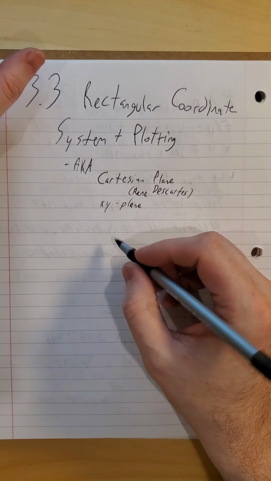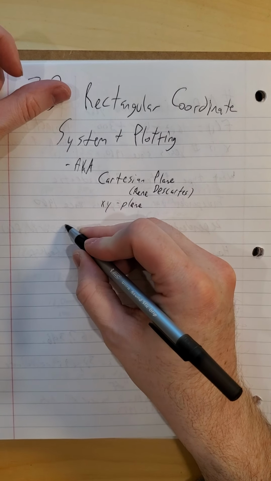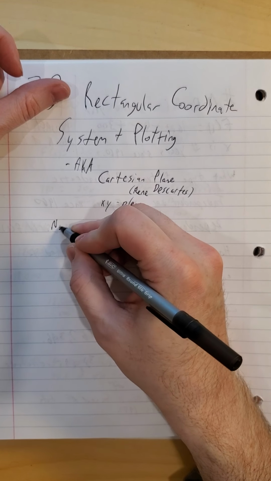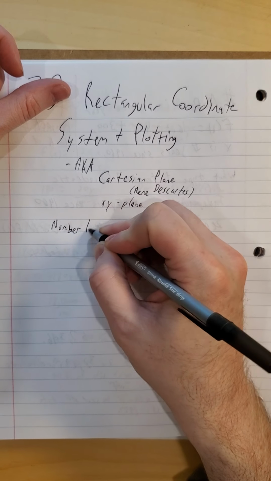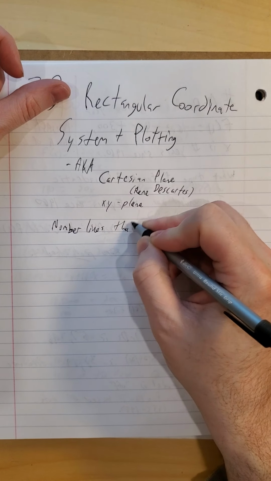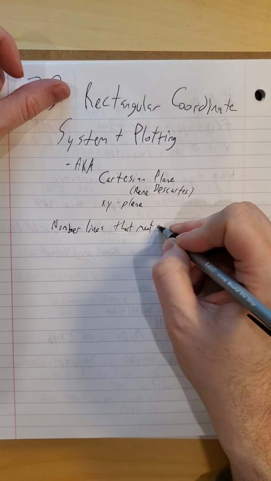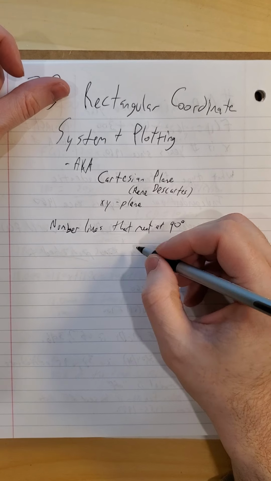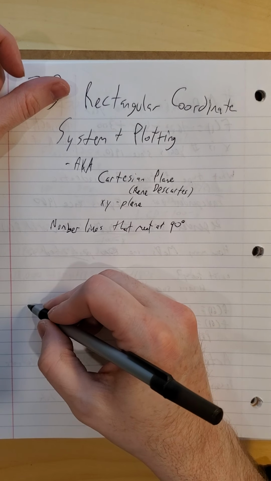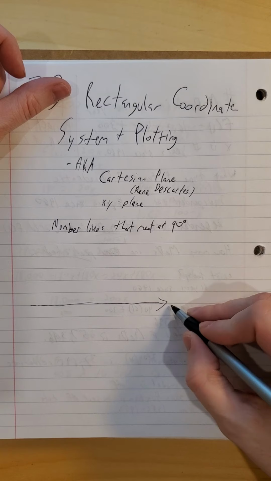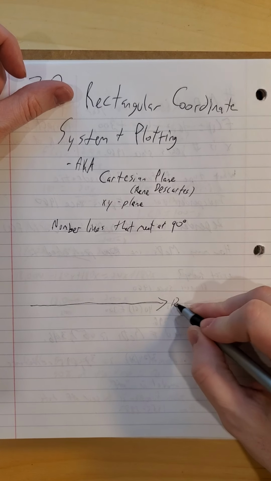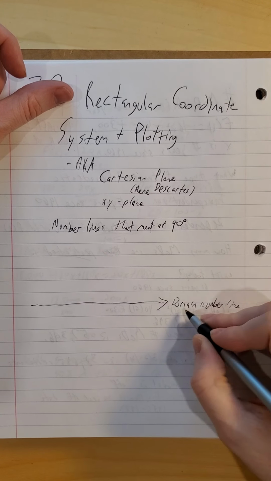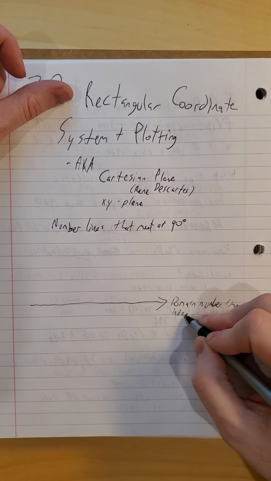But really, boiled down to its most basic, these really are just a pair of number lines that meet at a 90-degree angle. So the domain number line is generally the horizontal. So remember, that's the independent.